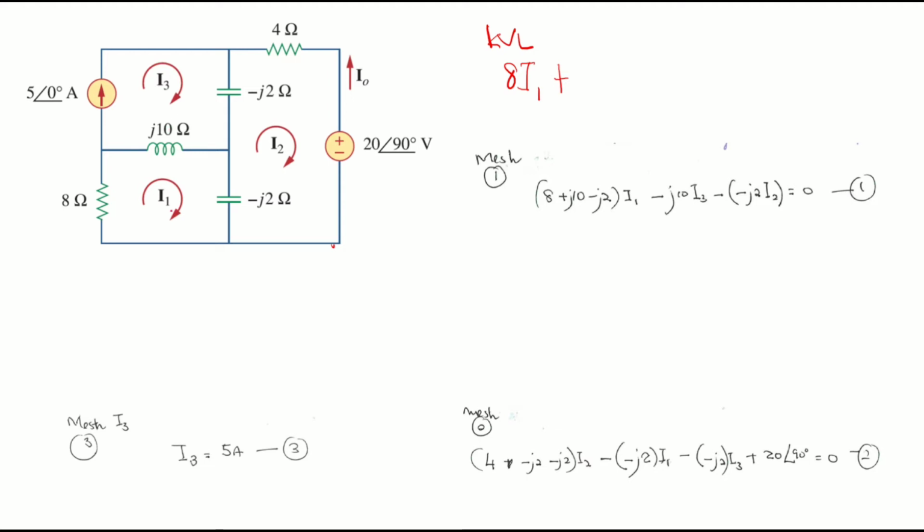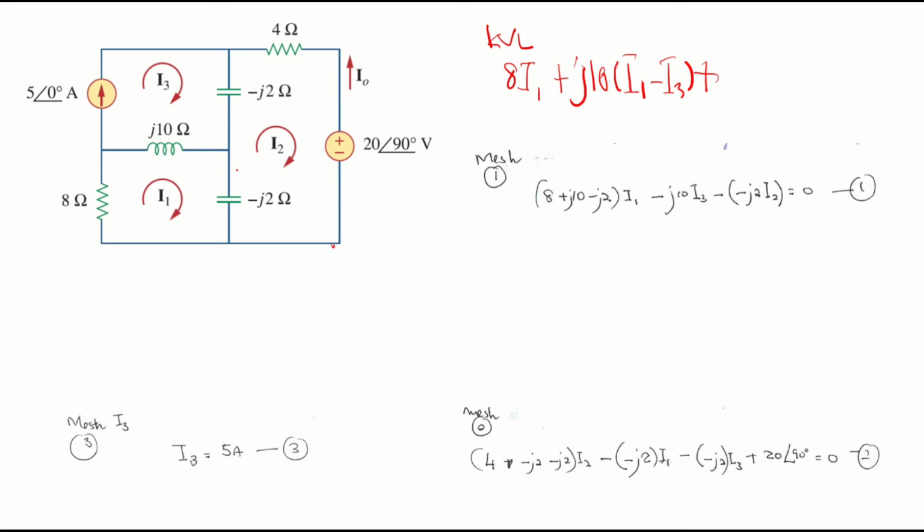However, I1 here collides with I3, so we can write the equation like this: j10 (I1 - I3), plus the capacitor over here, minus j2, where I1 is colliding with I2.